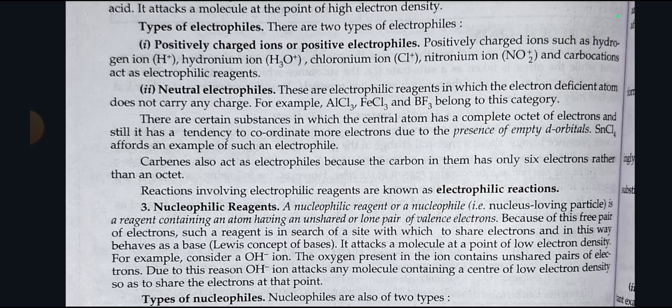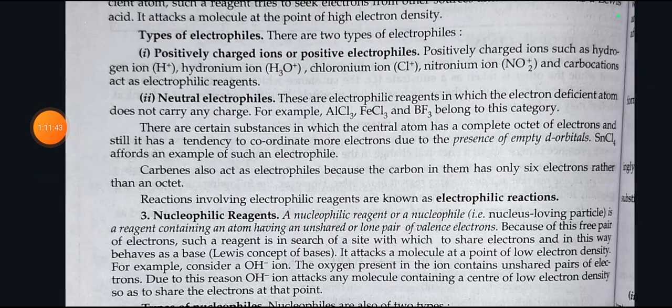SnCl4 affords an example of such an electrophile. Carbenes act as electrophiles because the carbon in them has only 6 electrons rather than an octet. Reactions involving electrophilic reagents are known as electrophilic reactions.